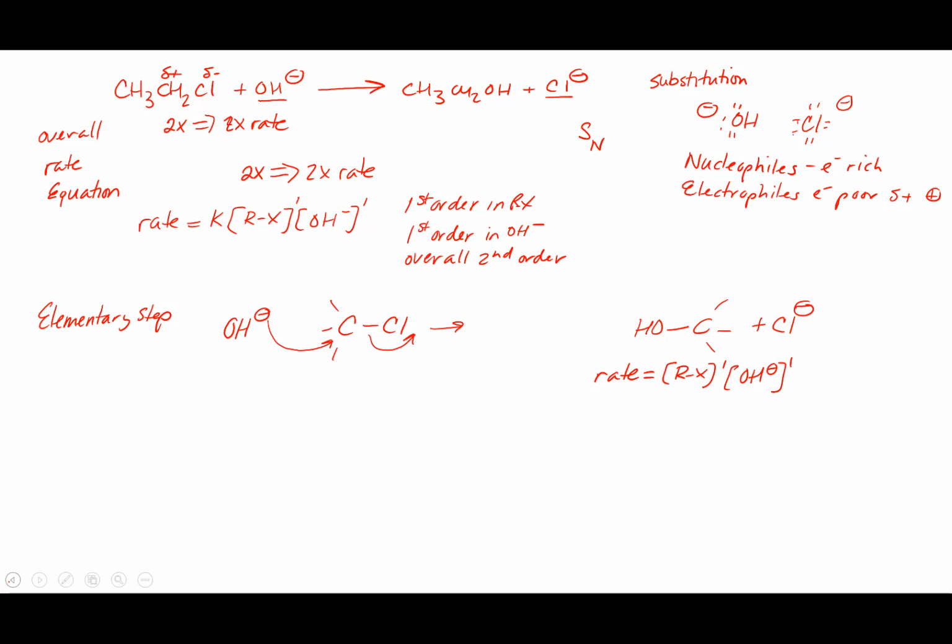And why is this important? Okay, that was a long silence, so I guess it's a rhetorical question. Why is this important? Because to determine what the mechanistic step is, it has to have the same rate equation as the overall rate equation.